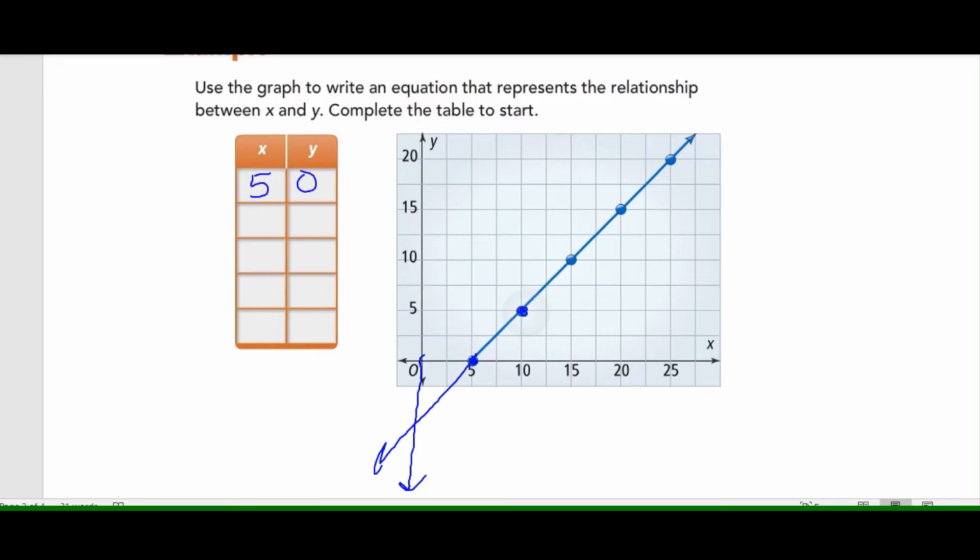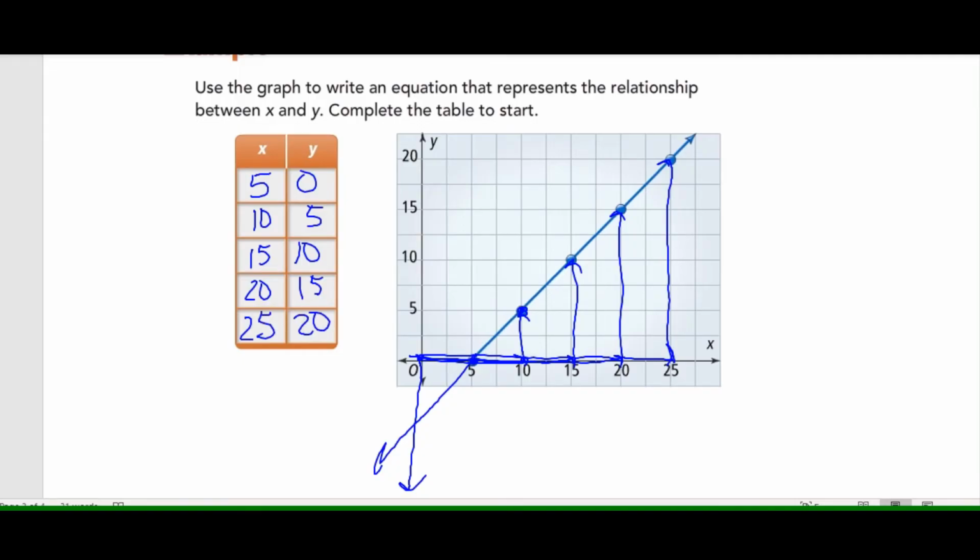The second ordered pair is 10, 5. The next ordered pair is 15, 10. The next ordered pair is 20, 15. And the last ordered pair that we have graphed in the relationship in the coordinate plane is 25, 20.